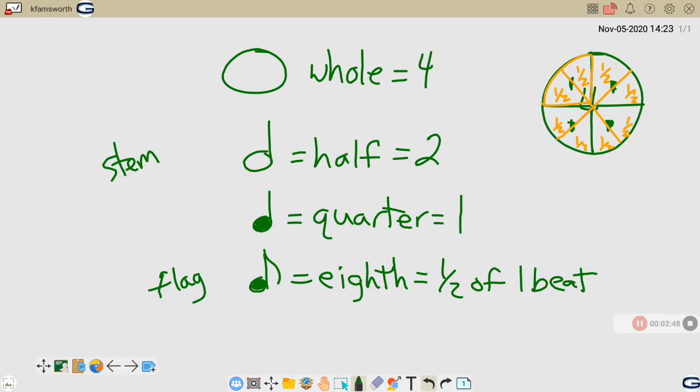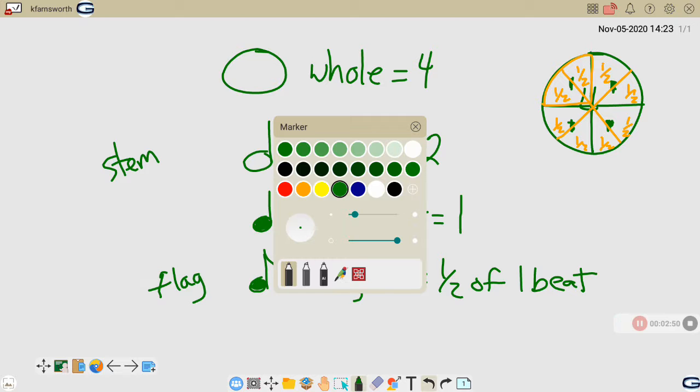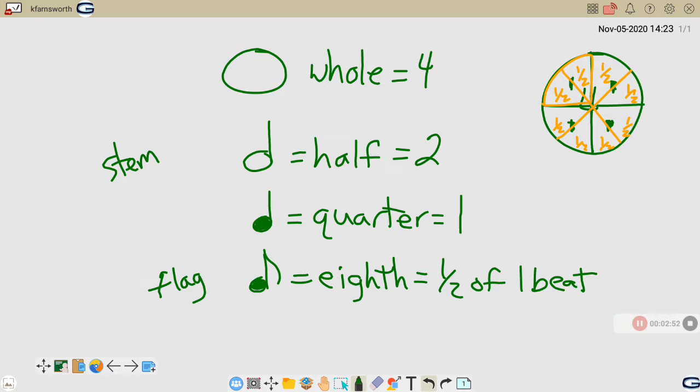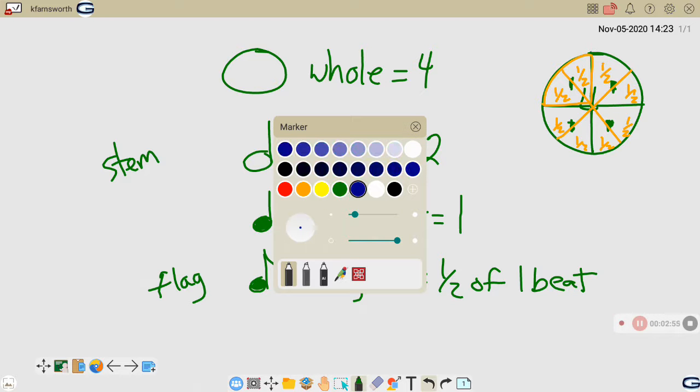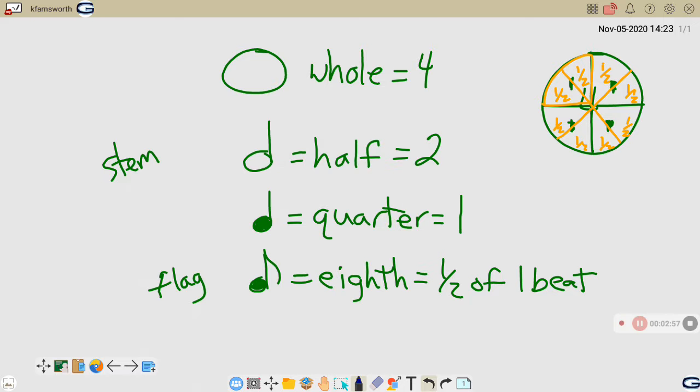And then if I divide my circle in half again, let's use a different color, blue this time. I'm going to divide that in half, that in half, that in half, and that in half. And now I've got 1, 2, 3, 4, 5, 6, 7, 8, 9, 10, 11, 12, 13, 14, 15, 16 pieces.